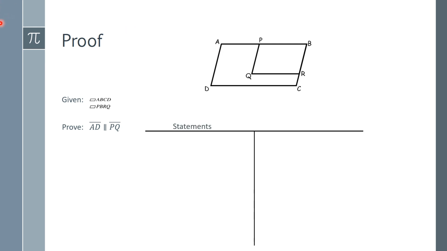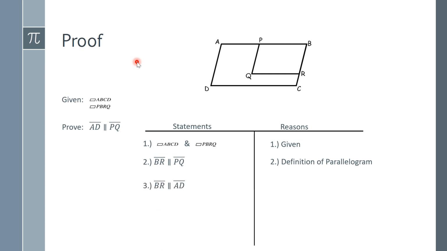So we're going to set up our statements and our reasons. Our first statement is usually our given. It's always our given. So here we're given that ABCD and PBRQ are parallelograms. And then because of the given, we know that BR right here is parallel to PQ. So that is the definition of a parallelogram.